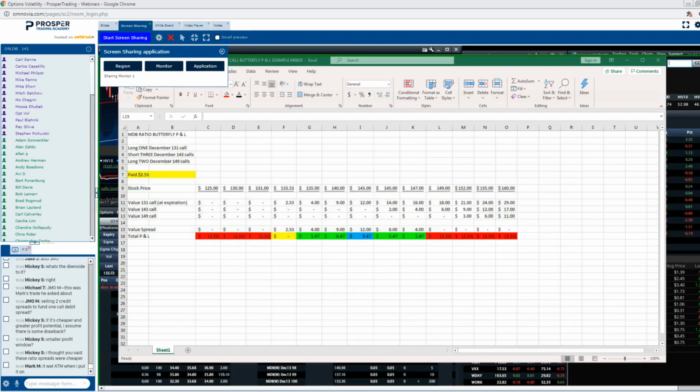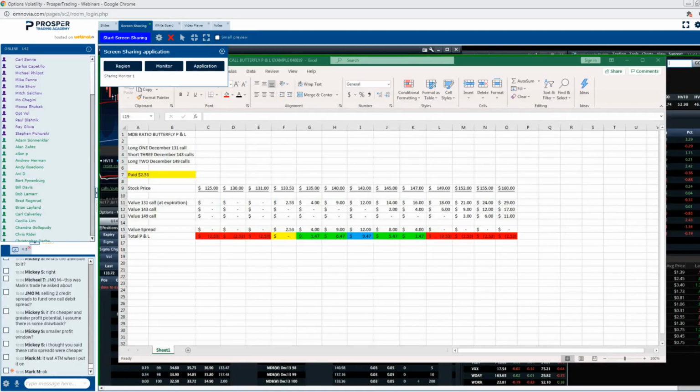Right, the 131 was Mark, but we wouldn't typically buy an at-the-money call as our first option, right, or put. Our first strike would be out of the money. Cheaper, Mickey, in terms of greater reward to risk. Costs more money, greater reward to risk.